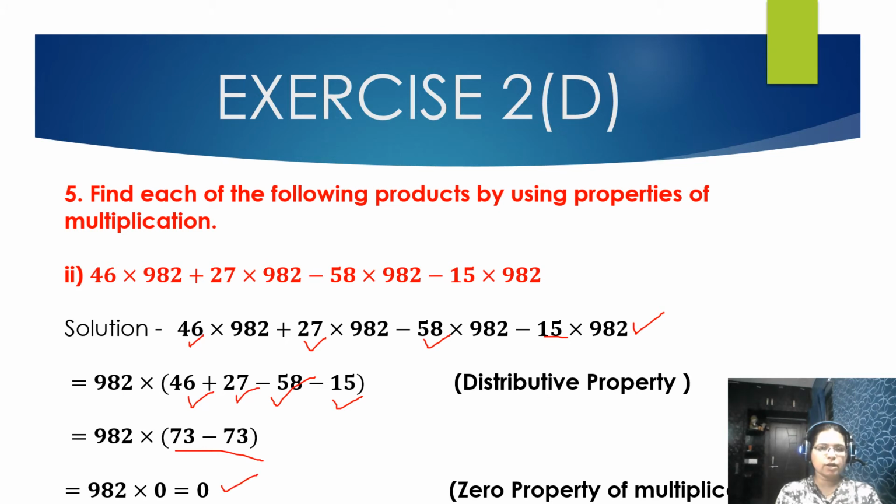We know any whole number multiplied by 0 is 0 only, and this is the zero property of multiplication of whole numbers. So we get 46 multiplied by 982 plus 27 multiplied by 982 minus 58 multiplied by 982 minus 15 multiplied by 982 equal to 0.